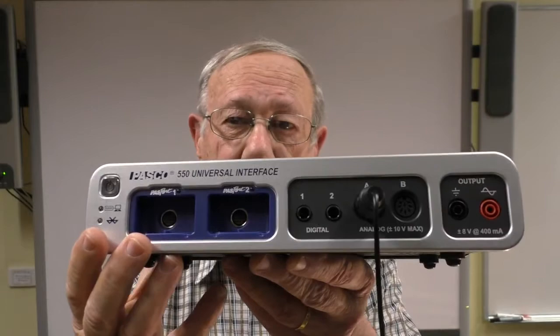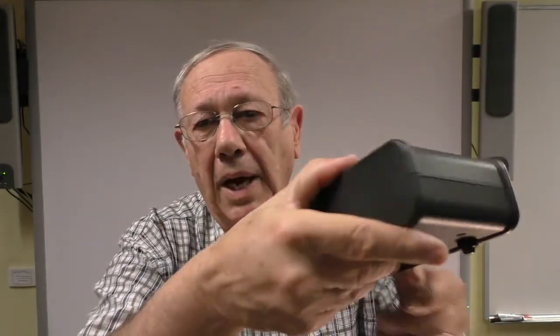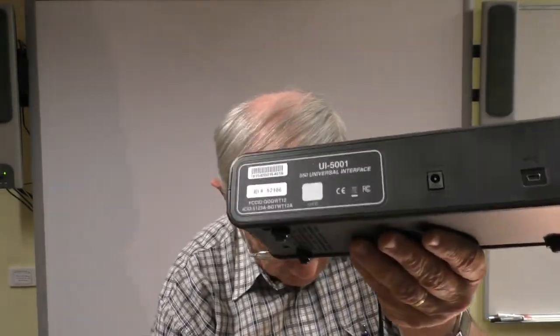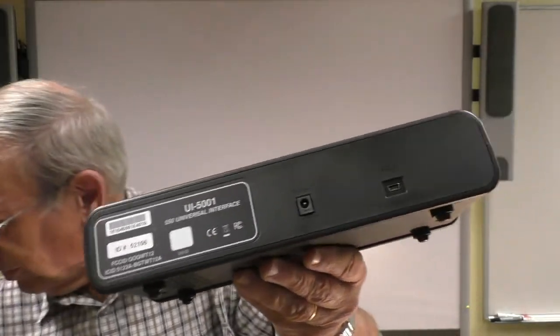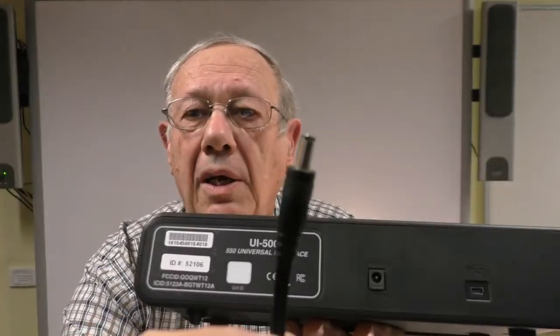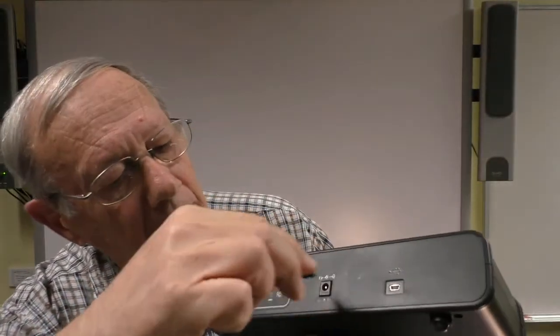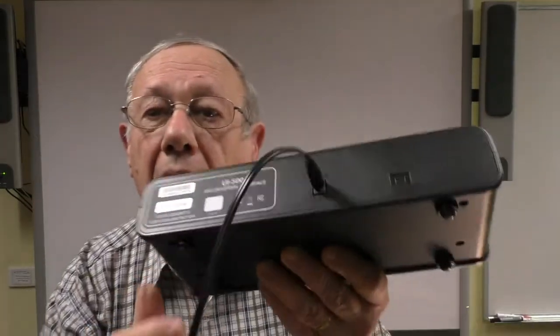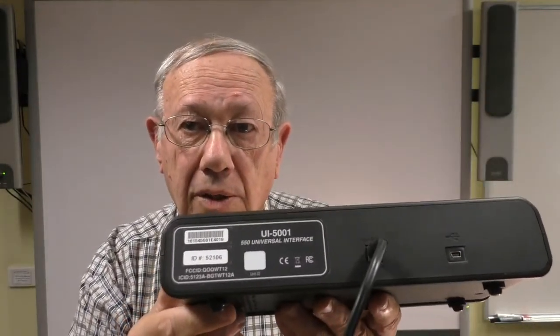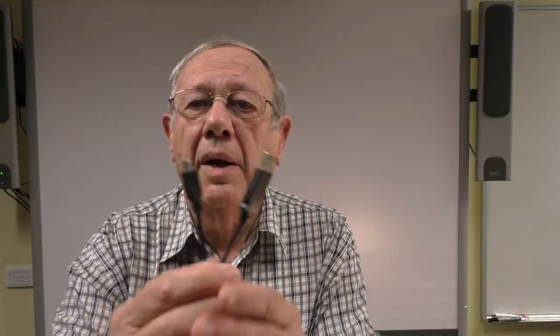Now, the next thing that this data logger needs is some power, and the power inlet comes from this connection here. So that goes in there, and then this data logger has to be connected to the computer. Now, to do that, we use this lead.